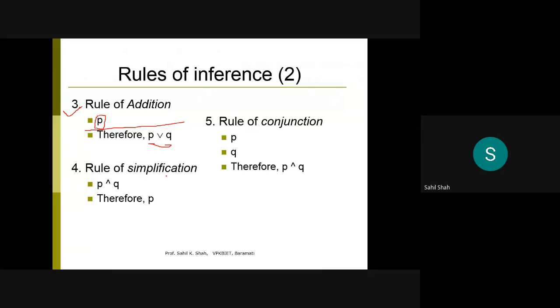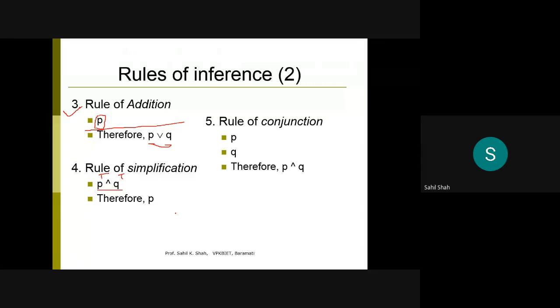Next is rule of simplification. If we have been given P and Q as true, P and Q will be true if and only if both are true, that I know. If one is false, then obviously the result is not going to be true. If both are true, then and only then would we have the result P conjunction Q as true. If this is given as a premise, the conclusion could be therefore P, or you may write therefore Q as well.